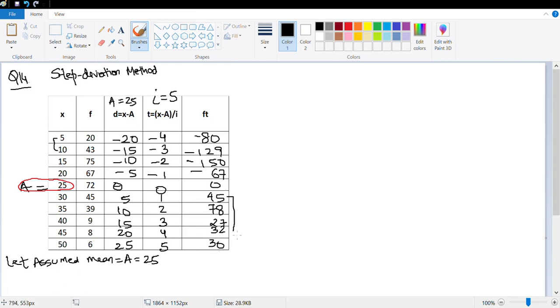Again, I suggest you add negative separate, positive separate. Here we'll do summation ft. Let me do the calculation again. 110, 130, 160, 190, 200, 212.